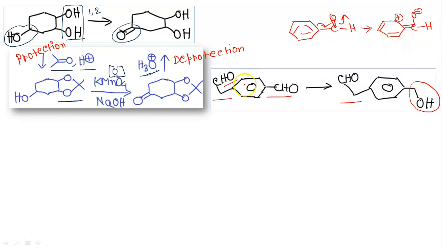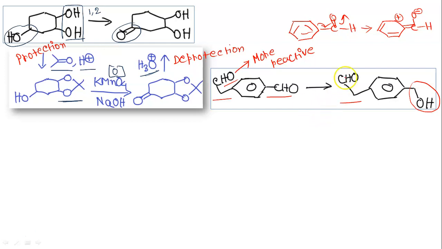But this type of conjugation is not possible in the case of the aliphatic aldehyde, on the left hand side. So that is why this aldehyde is more reactive compared to the other. So when we use a reducing agent, obviously the aliphatic CHO will be reduced, not the CHO on the right hand side.